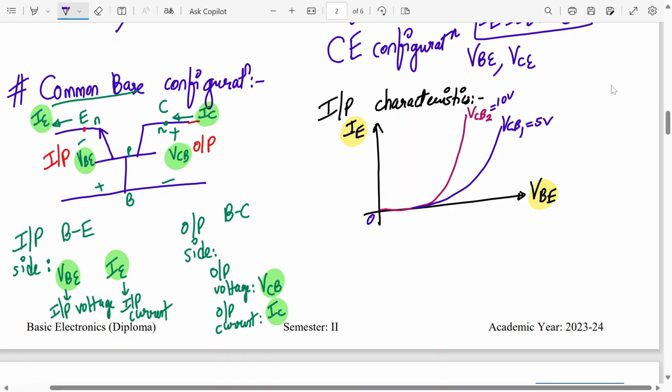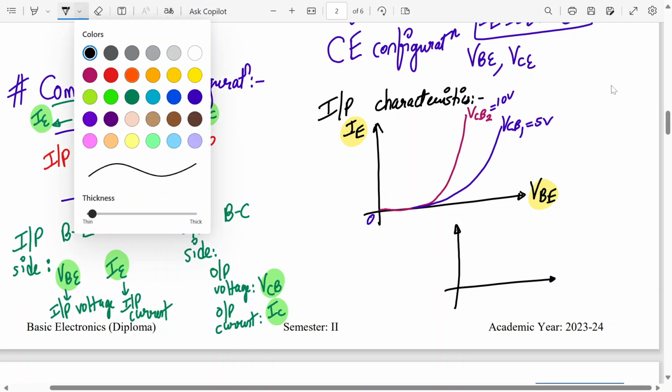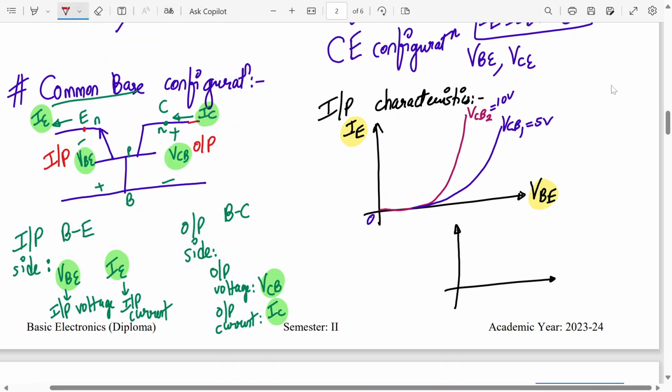Okay, so what information do you get from the input characteristics? I'll tell you now. You get the information about input impedance, resistance. So again you take the slope. इसका slope लीजिए. This is IE versus VBE. So ये क्या हो गया? This is delta IE. And how much is this? Delta VBE. So what will be Rin?